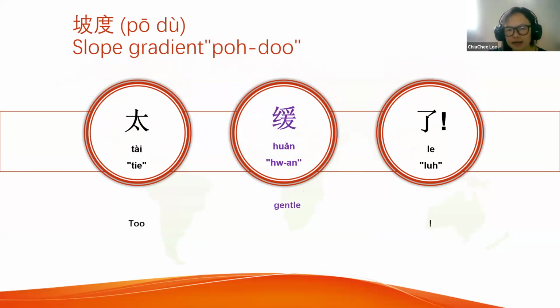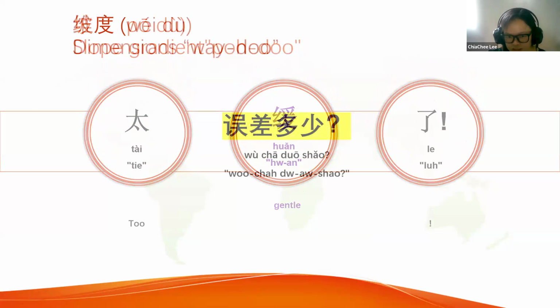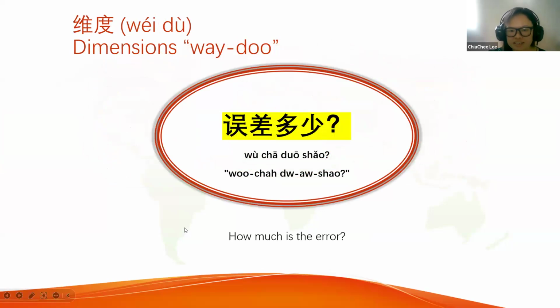太深了, 太浅了, 太缓了, 太陡了. Because all we have to check is how much is the error, 误差多少? 误差 itself means error. 误 is fourth tone, and 差 is first tone.